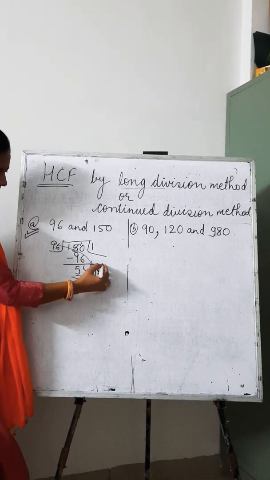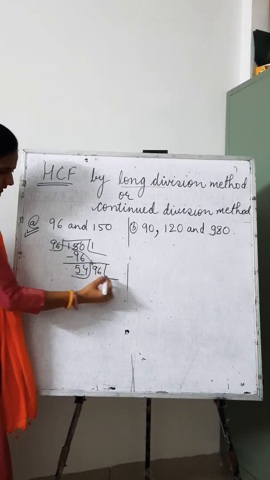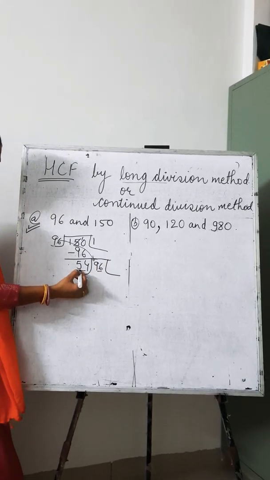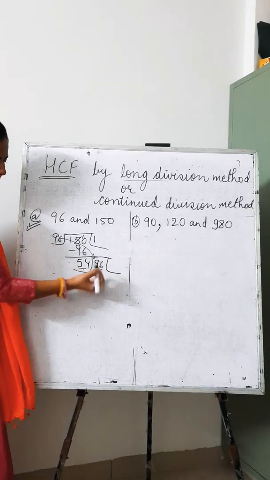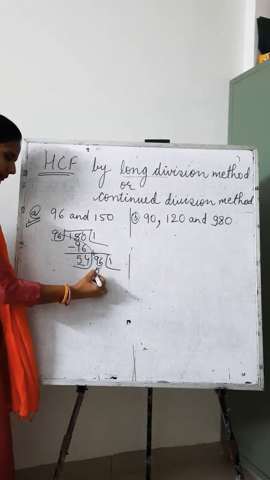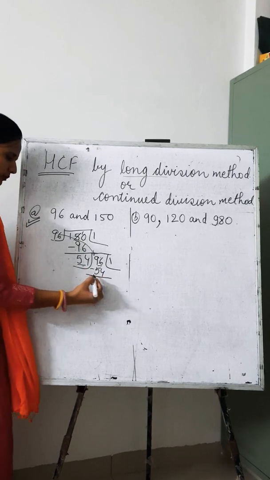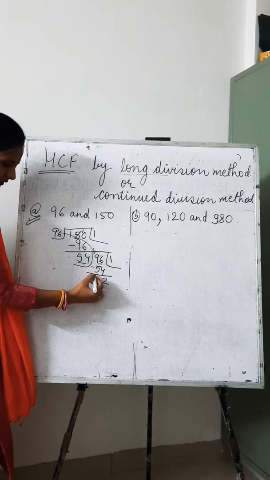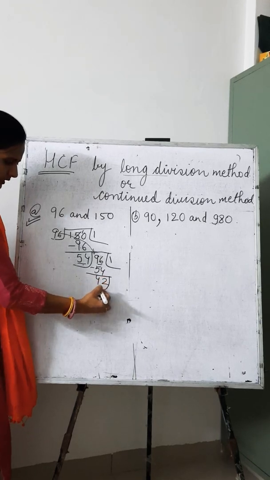Fine. And now 96 is there inside, and 54. Now 54, how many times will this 96 come? No, it will not come. So I will write 1 times only, and then subtract it. You're going to get 42.